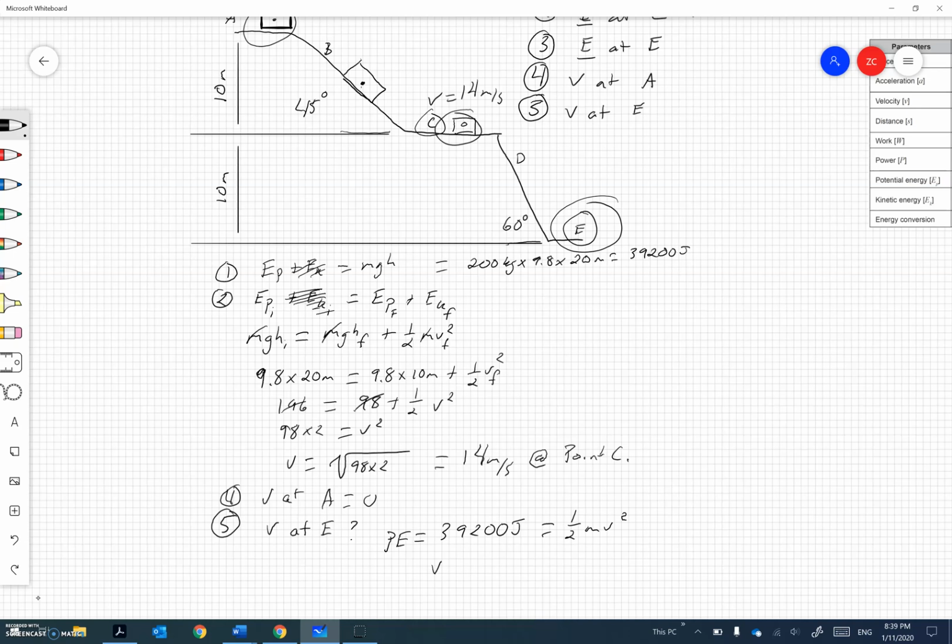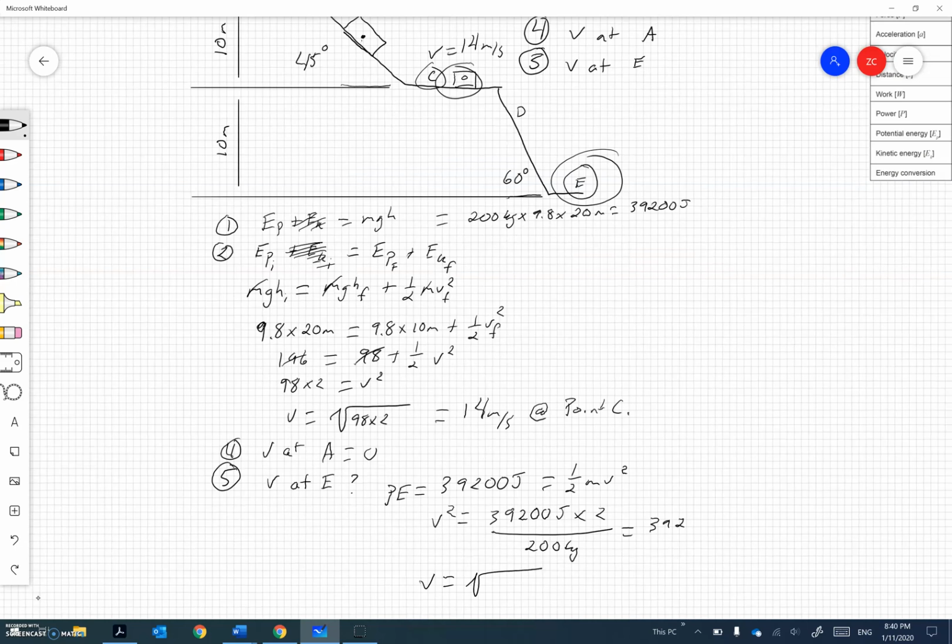So let's rearrange that. We have velocity squared is equal to 39,200 joules times 2 over the mass, which is 200 kilograms. So we get 392, and if we take the square root, our speed at the end is 19.79 meters per second.